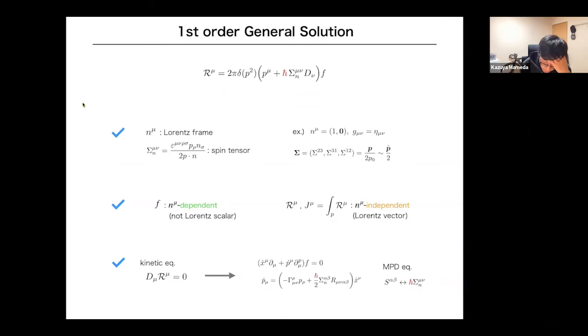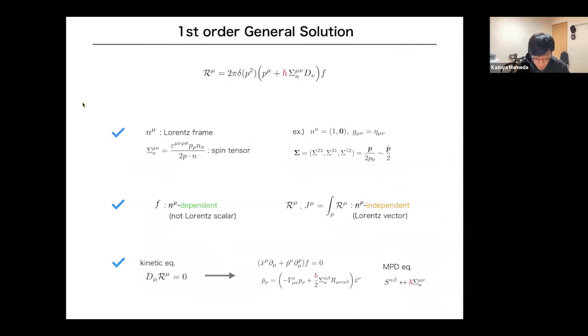Here we introduce some quantity n through the spin tensor, this one. And this quantity is nothing but the spin of the particle. For example, if you choose this unit vector, then we can construct a three-component spin vector. And this is just p hat half.